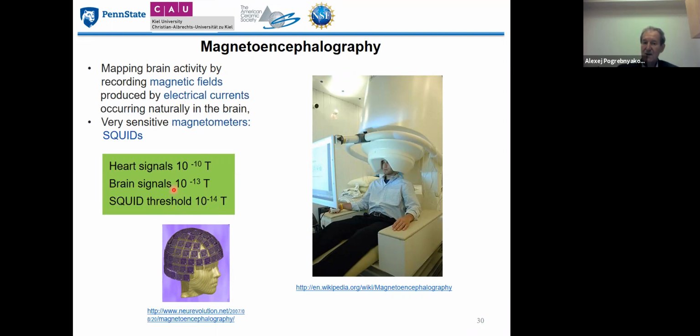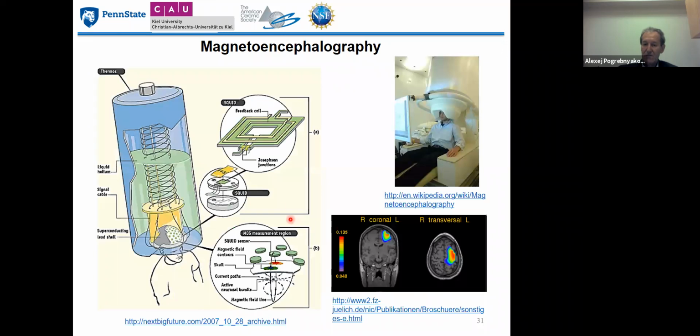These magnetometers are currently used, and what we see here is just a cartoon showing that these arrays of magnetometers are connected to electronics, and we can see the brain activity in vivo.